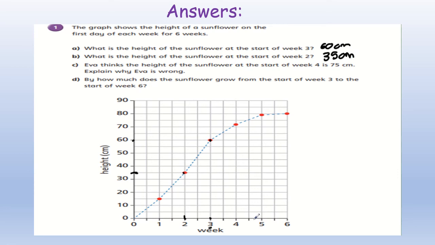Eva thinks the height at the start of week 4 is 75. Why is she wrong? Let's take a look. Well, it's definitely above the 70, but is it on the halfway mark?